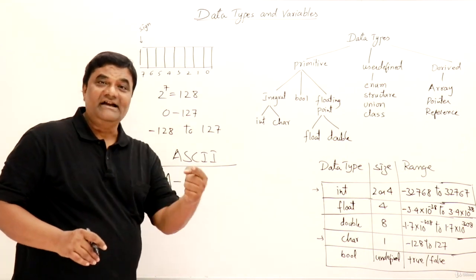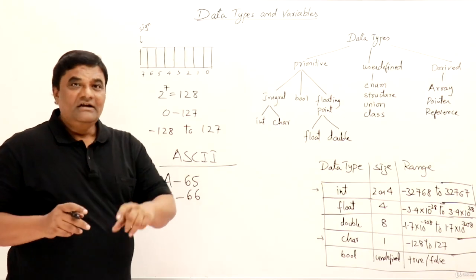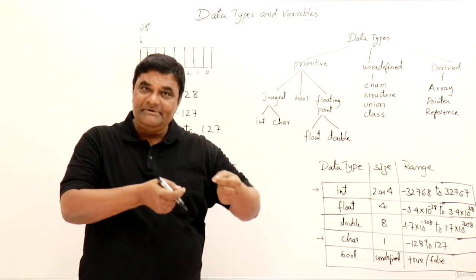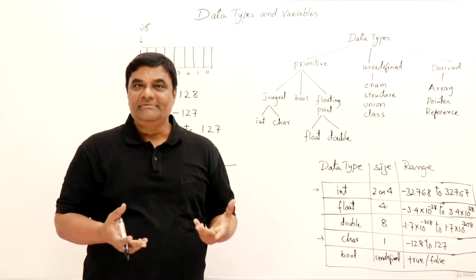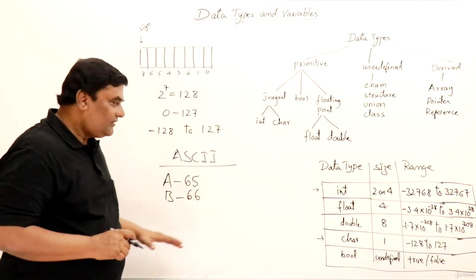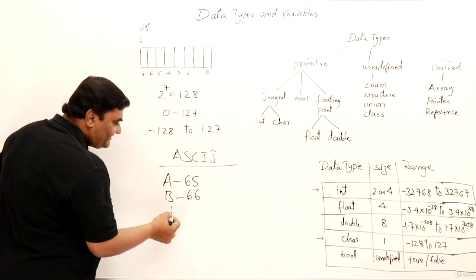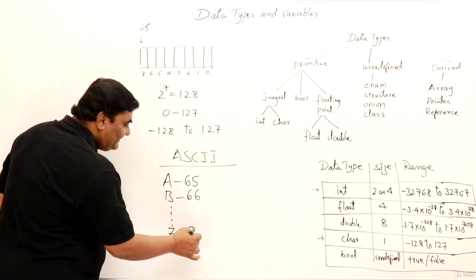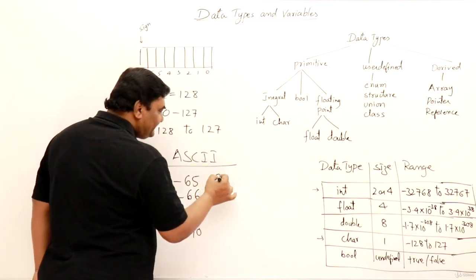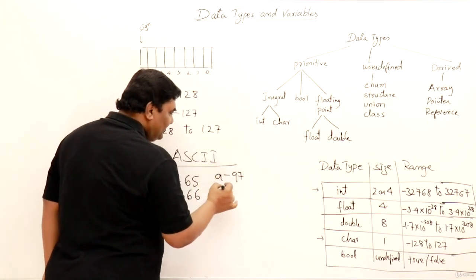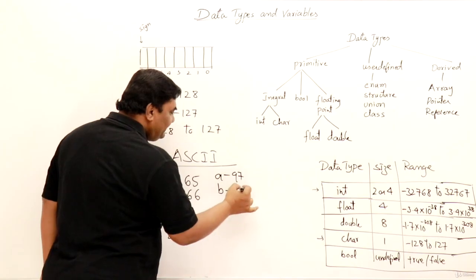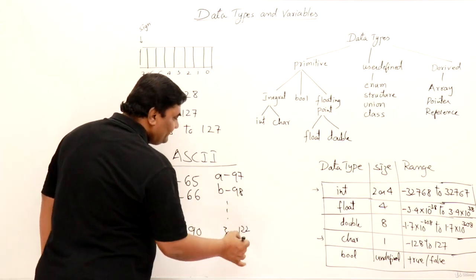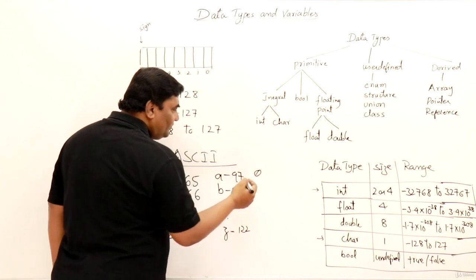If you say no, that is a character, it is A. So only on the screen the printing will be done as A, but inside the memory it is 65. It's in binary form. That's how the codes are used for representing characters. Capital Z will be 90 and small a is 97 and small b is 98 and goes on. Small z is 122.